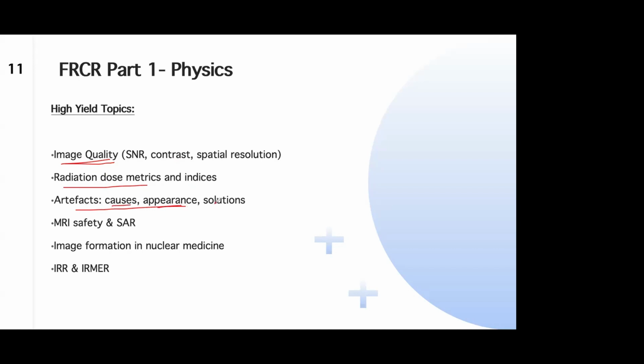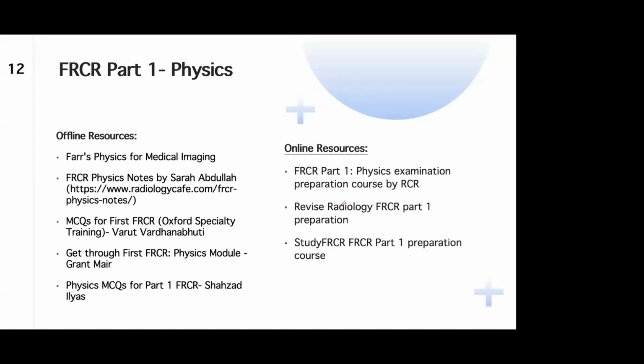How does the artifact appear on imaging, and what are the solutions to resolve it? MR safety and specific absorption rate, how the image is formed in nuclear medicine, and IRR and IRMER. If you cover these topics thoroughly, you can be assured that you'll get a minimum of 60 to 70% of all the questions that you're going to get for your exam.